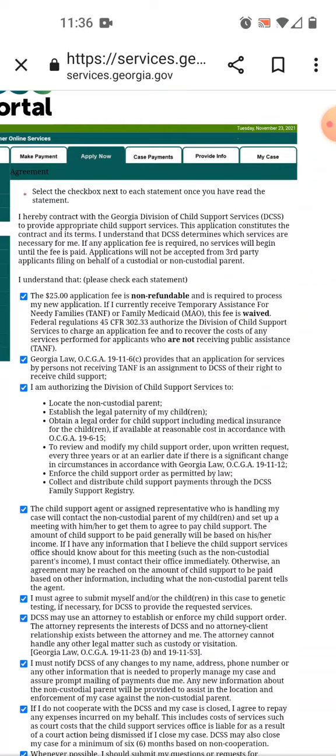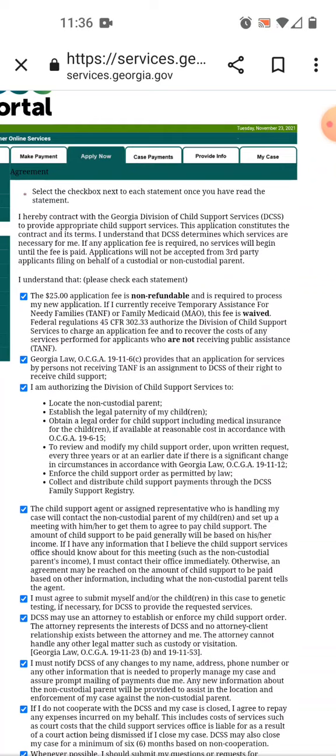You see this. So whoever's applying for child support, and generally it's the mothers, they're contracting with DCSS, the Division of Child Support Services. This application constitutes a contract and its terms. I understand that DCSS determines which services are necessary for me.